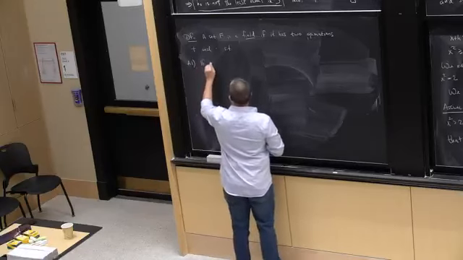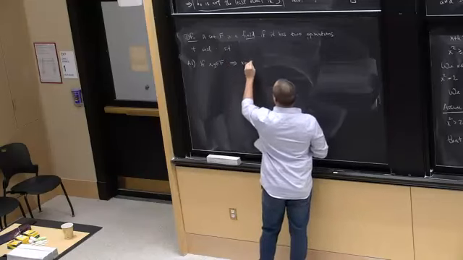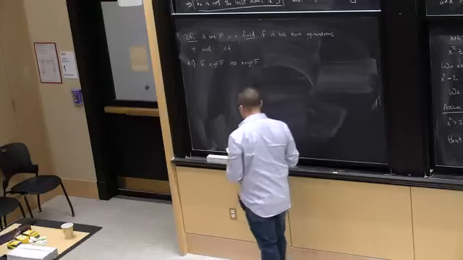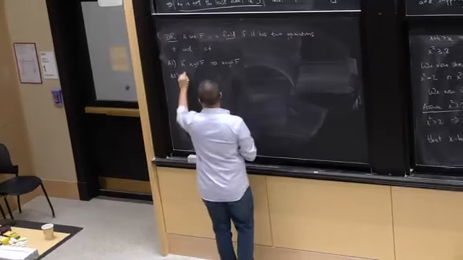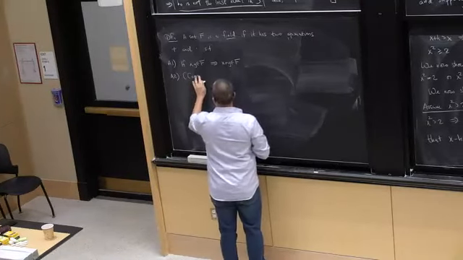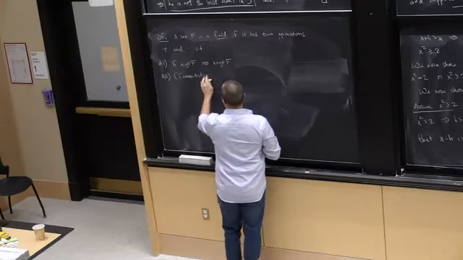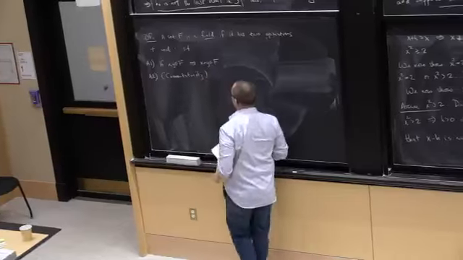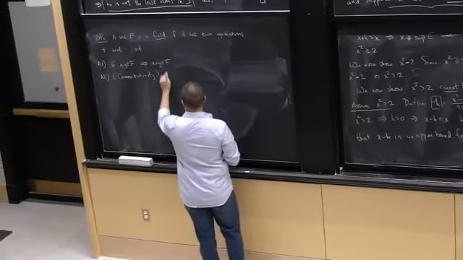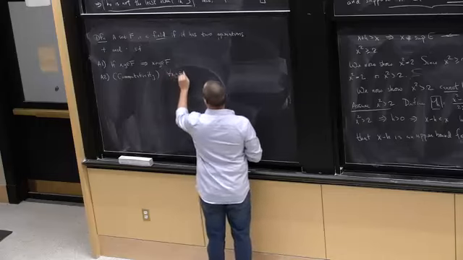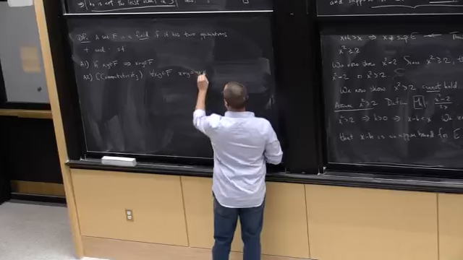So if x, y is in F, then x plus y is in F. This operation of addition should be commutative. Commutativity means that for all x, y in F, x plus y equals y plus x.